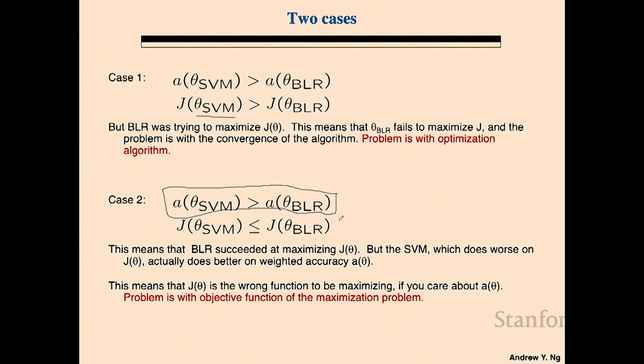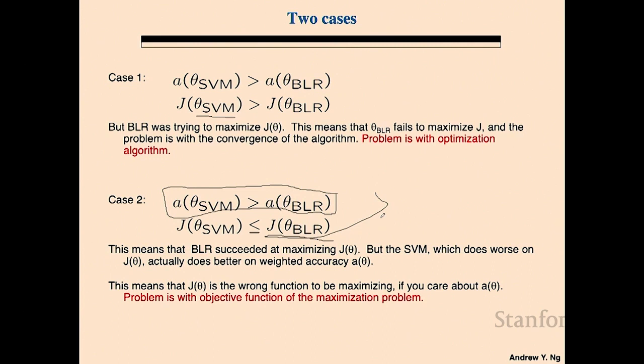You tell Bayesian logistic regression to maximize J of theta, and by golly, it found a value of theta that achieves a higher value of J of theta than whatever your buddy did using an SVM implementation. So it actually did a good job trying to find the value of theta that drives up J of theta as much as possible.